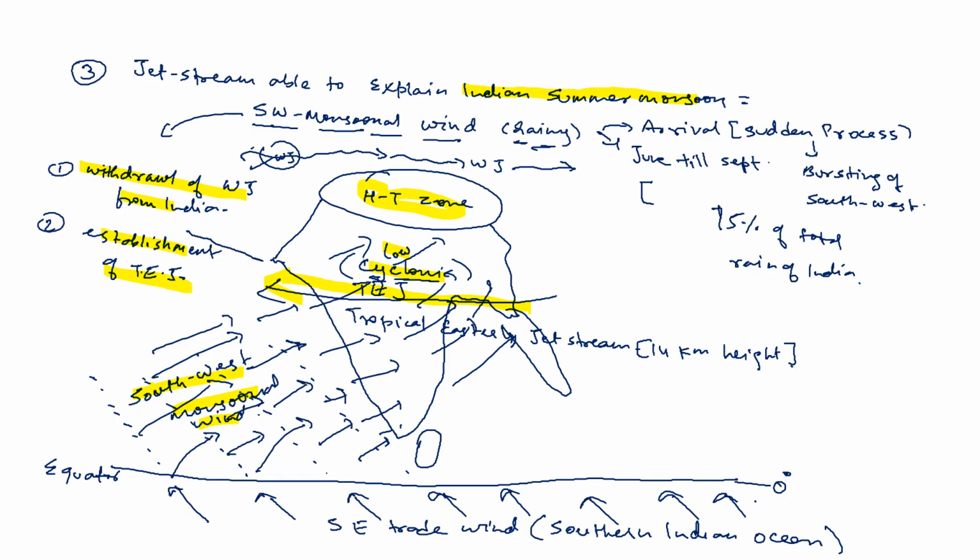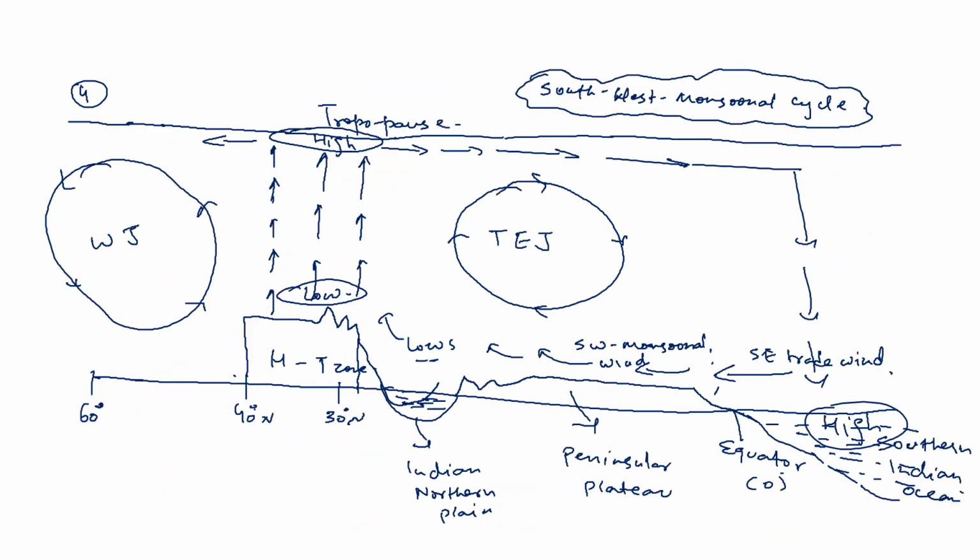When it picks up moisture from the Bay of Bengal and Arabian Sea, these winds enter over India because they are attracted by the cyclonic condition over it, causing good rainfall, and this is responsible for 75% of total rain of India. And we can say that the bursting of the southwest monsoon totally depends on the incoming of the tropical easterly jet stream over India.